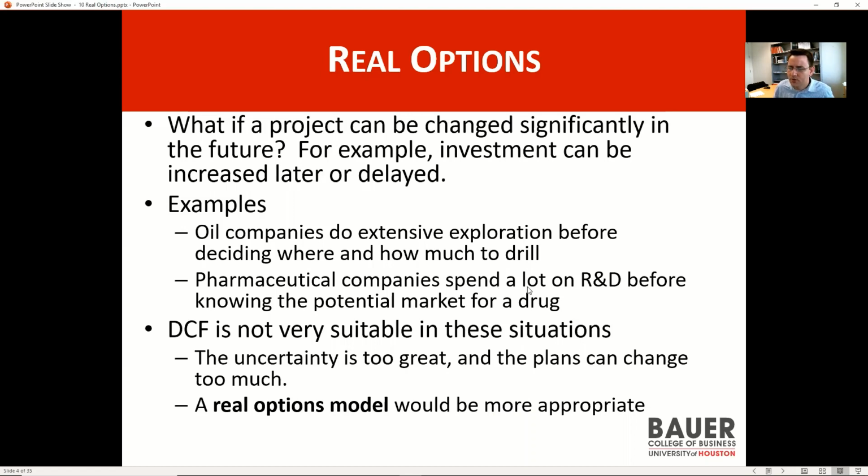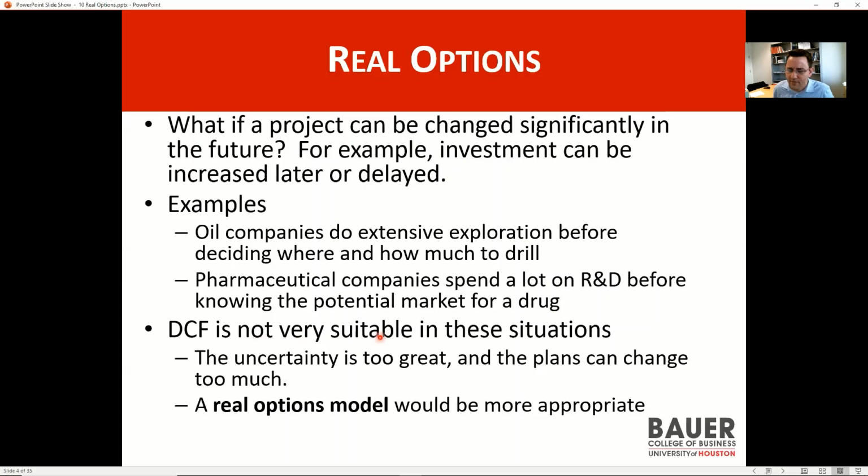Likewise with pharmaceuticals. They don't blindly go into the FDA trial for every new drug that they conceive of. They do R&D along the way, and then if things look good, they go through the more expensive later stages of the project and bring the drug to market. But the point is, the project is changing a lot depending on what kind of information these companies are getting as they go.